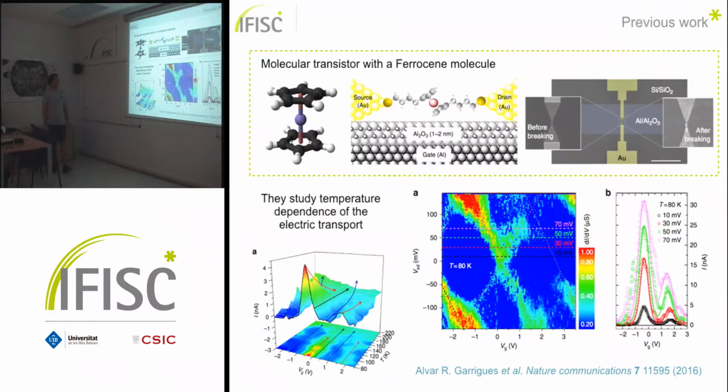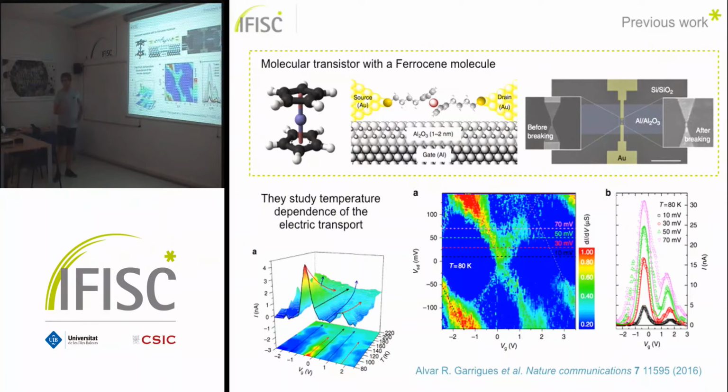Okay. First, I have to talk about a previous work that one of my collaborators did. What they found is that in a molecular junction, they studied the temperature dependence of peaks depending on the gate voltage.